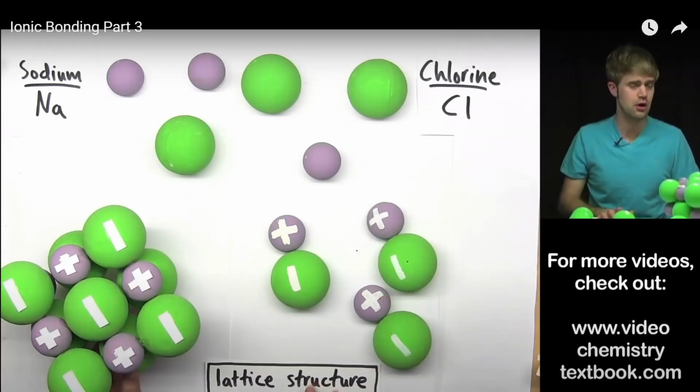If you didn't catch that, that is at the top of page 27. These positive and negative ions keep packing together in a lattice structure.